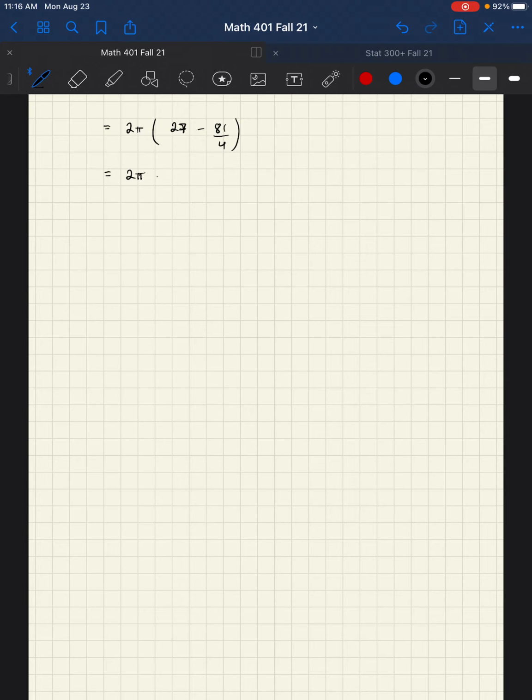And then with some fraction arithmetic, we get that this is 2 pi times 27 over 4. And so finally, this is 27 pi over 2, and that is the integral. Okay, not too bad. All right, let's do another example.